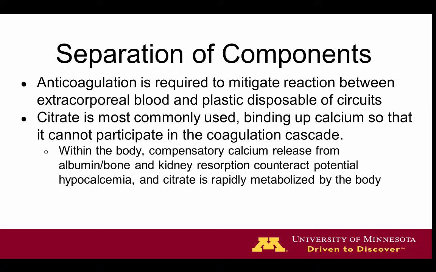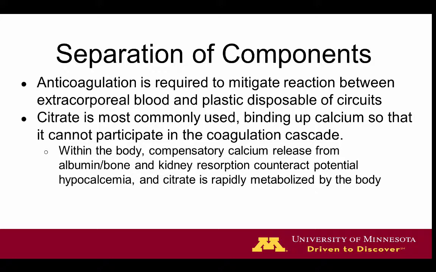And additionally, citrate is typically rapidly metabolized by the body, but it is important in terms of the procedure itself to set an adequate flow rate for citrate, so as not to infuse too much citrate into the body.